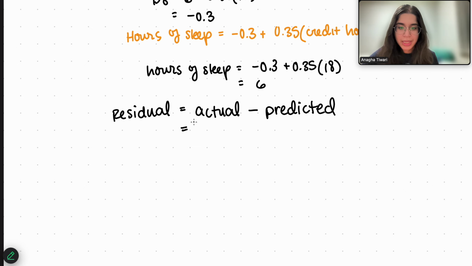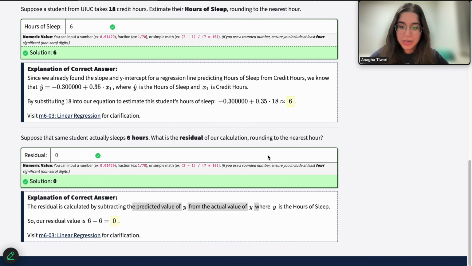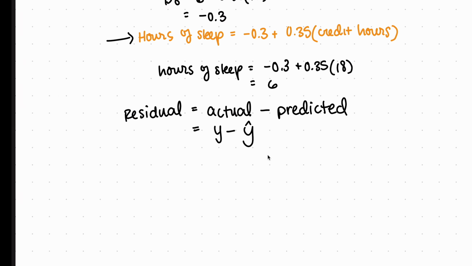The actual value is what was recorded in real life, which is 6, and our predicted value is what we got from our linear equation, our estimate from this equation here. So it's just y minus y hat if you want to write it another way, which in this case is just 0.